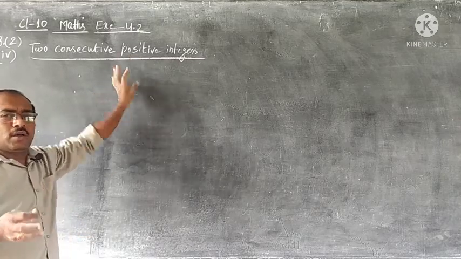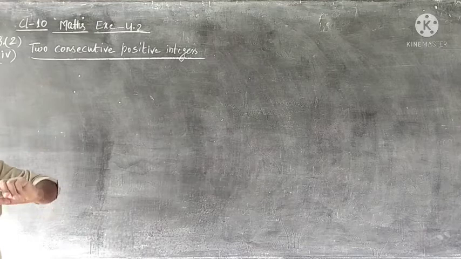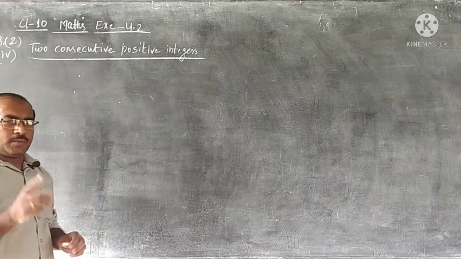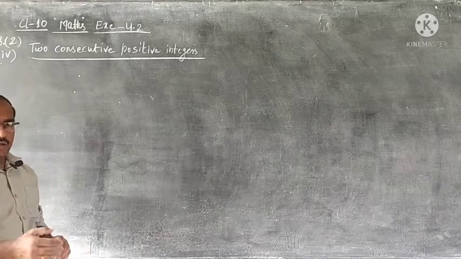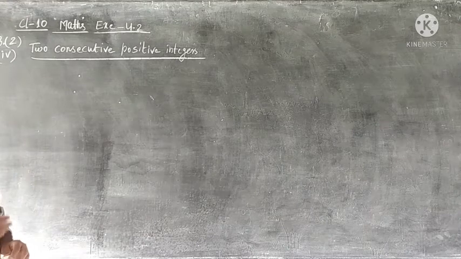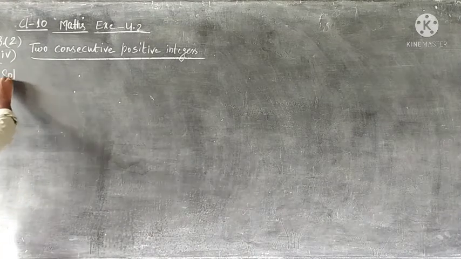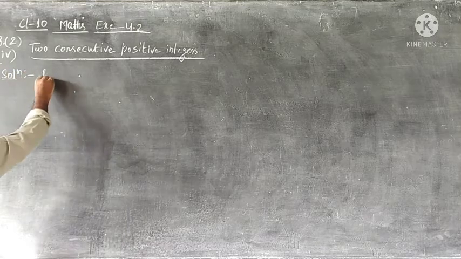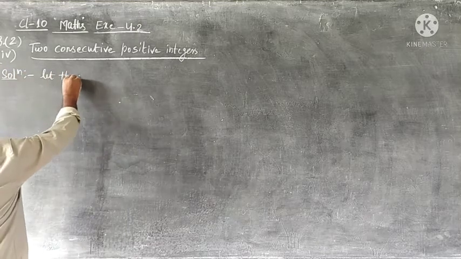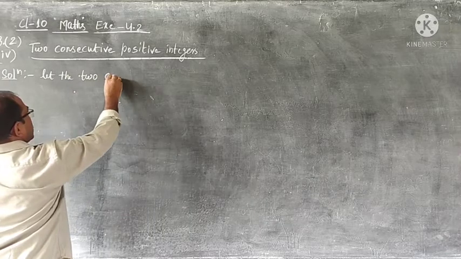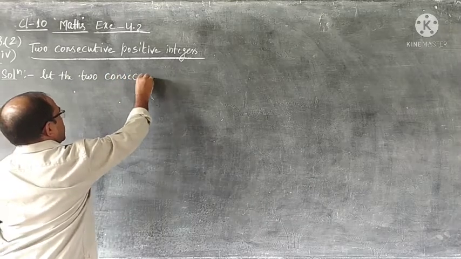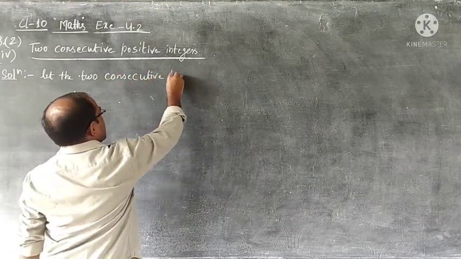So how do we get one number after another? If one number is 3, the next number will be 3 plus 1. So we can start the solution with that. Let the two consecutive positive integers be.